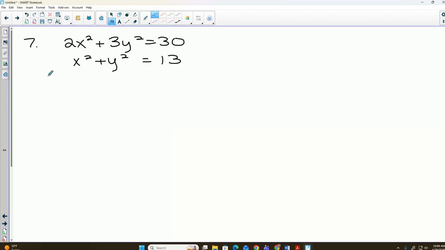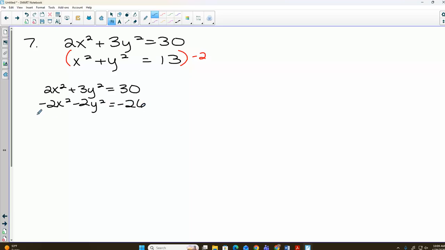So if I wanted to eliminate x squared, what would we do? Add these together. X squareds cancel, so I get y squared equals 4.